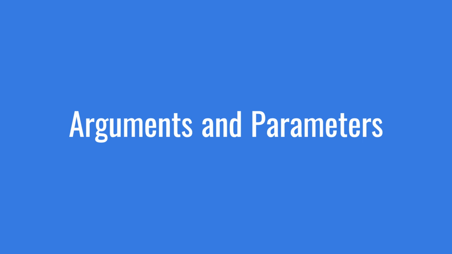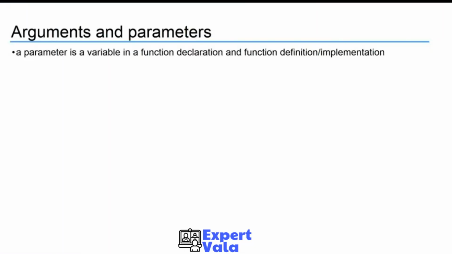A function declaration is just the method signature. It's the function header. A function definition is the implementation of the function, the actual code. In both of these, declaration and definition, understand those differences, but the parameter is what's in the function declaration and definition, in that header.